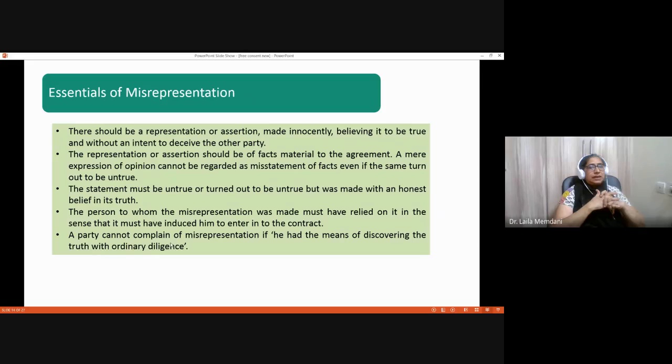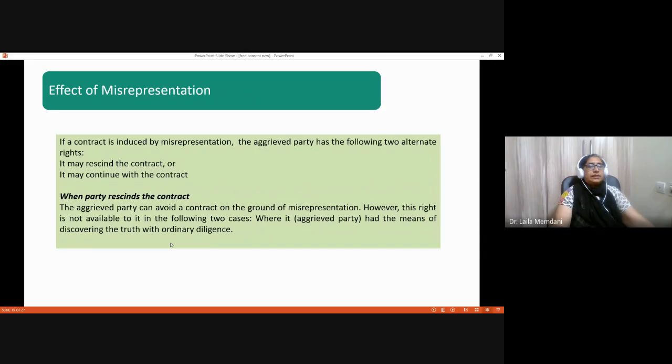Now, Mr. B had the option of discovering the truth with ordinary diligence, since he is examining the books of account. Now, he cannot say that it was misrepresentation by Mr. A.